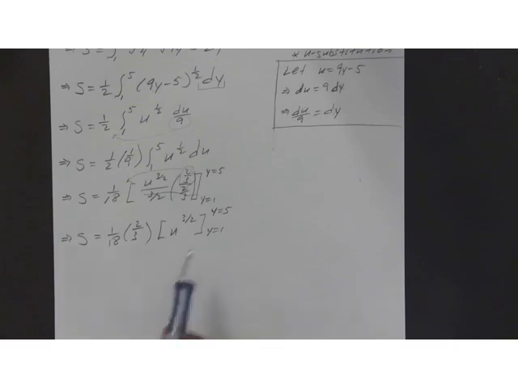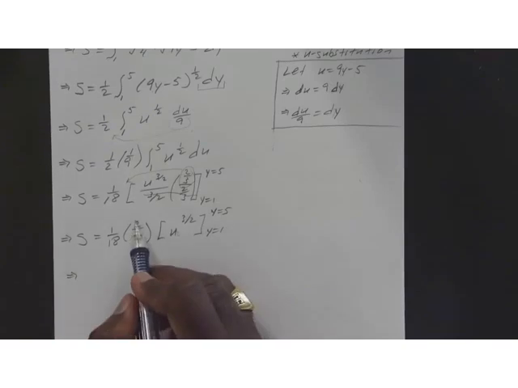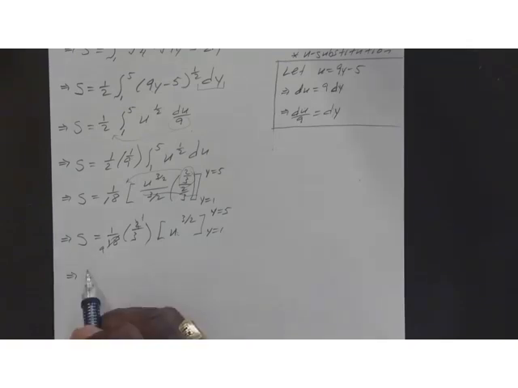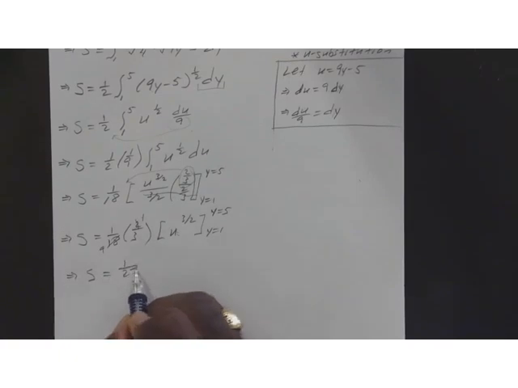So again, if you wanted to, you can convert this to u of 1 and u of 5 values, but to me, it's just easier to replace the u. If we simplify this, 2 goes into itself once, 2 goes into 18 nine times. That gives us 1 over 27.